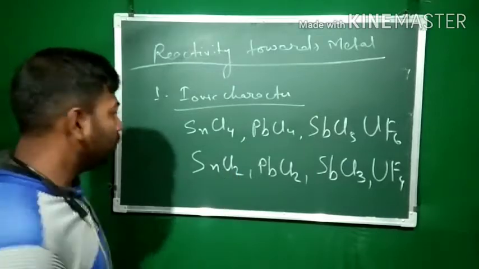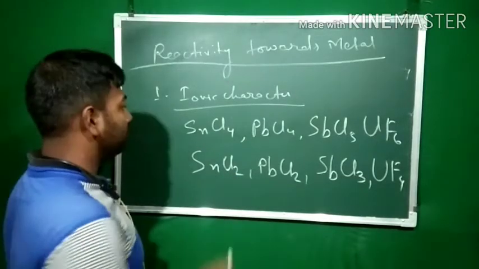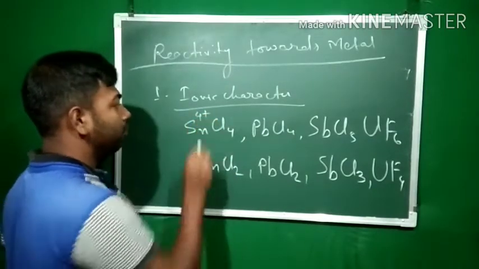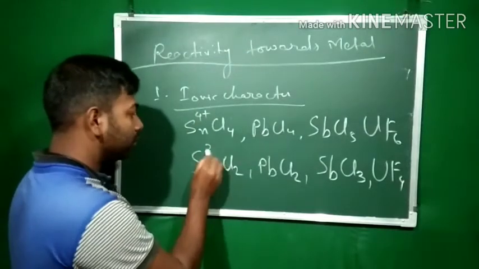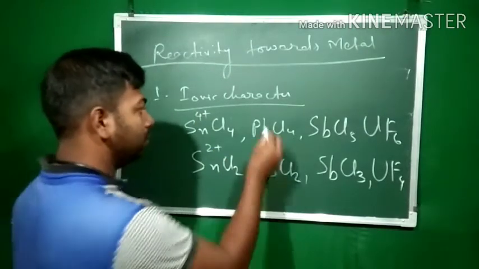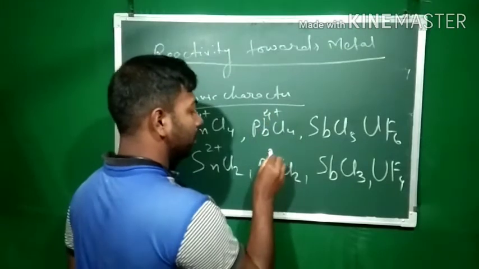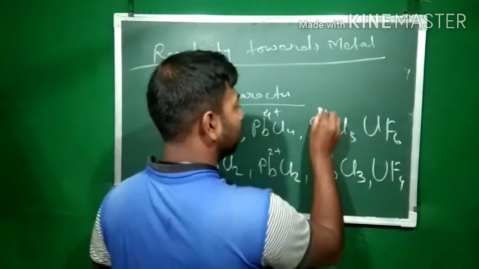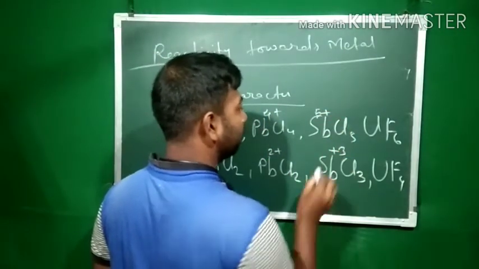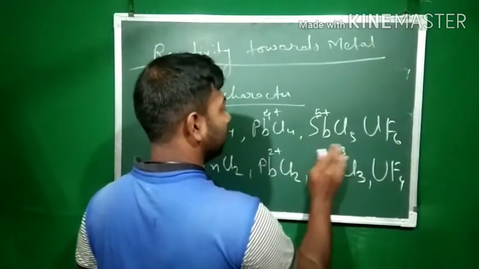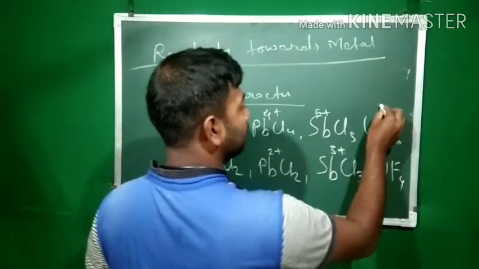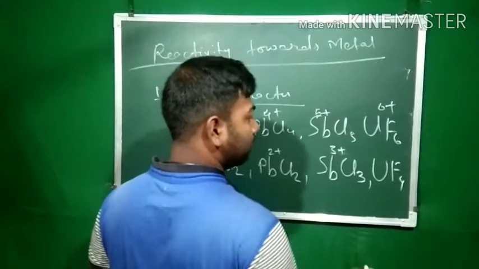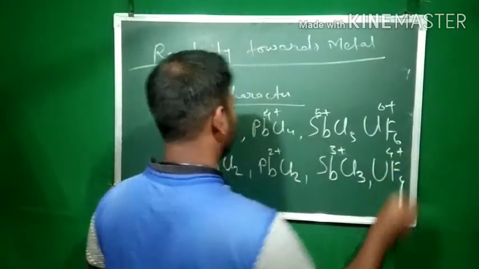Here the Sn atom is in the +4 oxidation state, here it is +2. Here also it is +4, here +2. Here it is +5, here +3. Here it is 6+, here 4+.